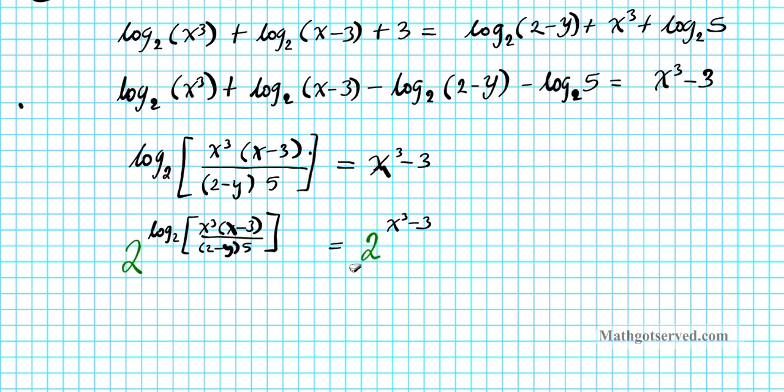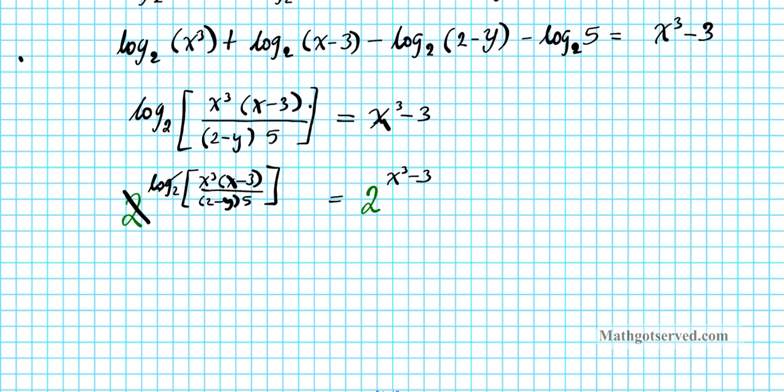Okay? Alright, so on the left side this cancels out. So we're going to be left with the expression x to the third times x minus 3 over 2 minus y times 5 equals 2 to the x to the third minus 3.